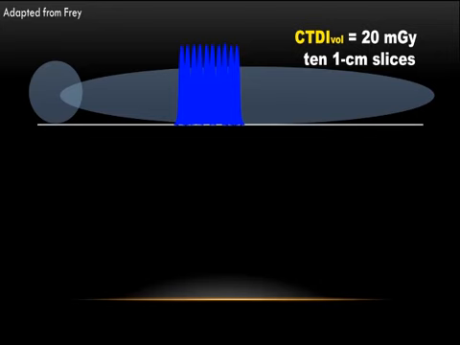Well, DLP was developed in part to help people understand risk associated with CT. If I give a patient 10 slices of dose that are contiguous, and each one is 20 milligray in dose, I'm going to have a DLP of 200 milligray centimeters.